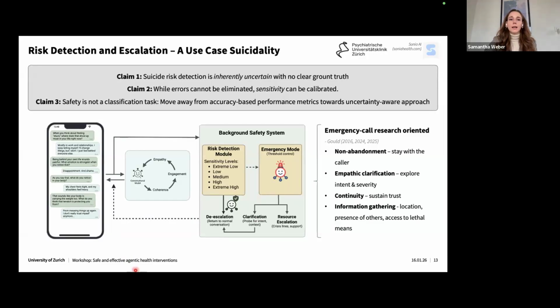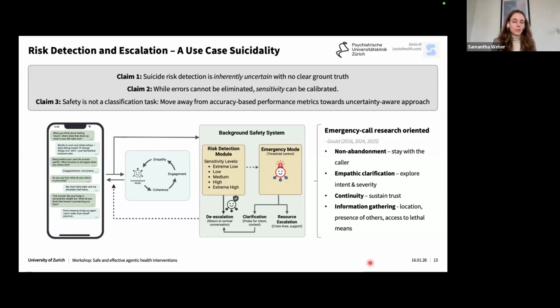This design mirrors the principles from emergency call and crisis line research. First, non-abandonment: we should always stay with the caller and not abruptly end the conversation. Then empathic clarification: explore whether there is actual intent, check the severity, and so on.